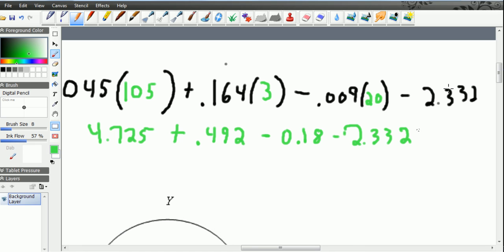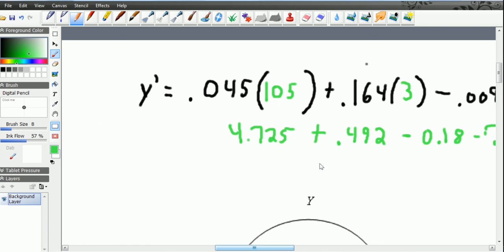And then finally subtract 2.332. And we get for our y predicted value for that particular case, 2.705.